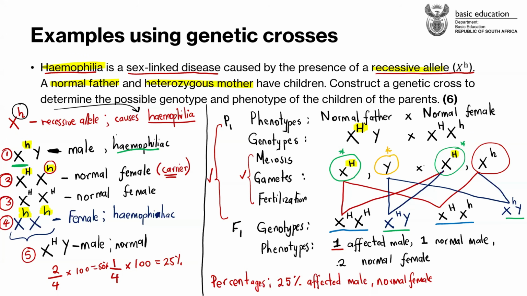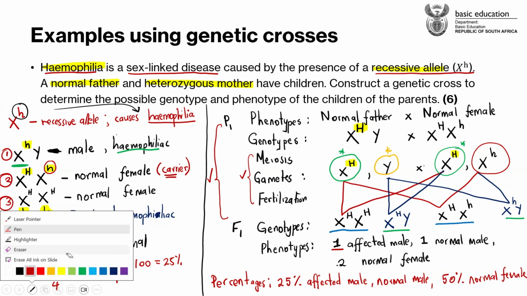So this is normal male, by the way. Let's just fix here. So it's 50% normal females. This was normal male, and 50% normal female. So basically all the females that this couple is going to give birth to cannot have the condition.